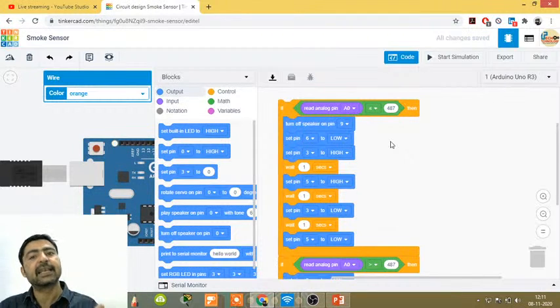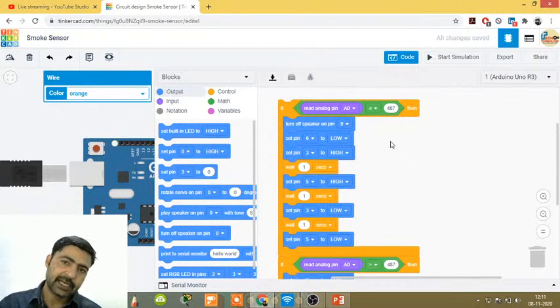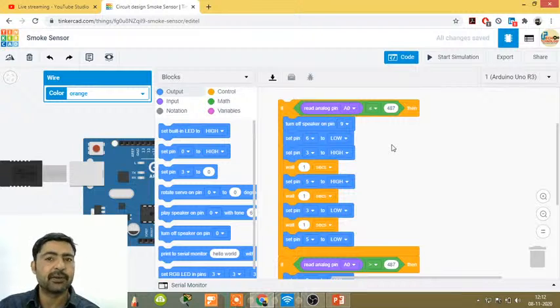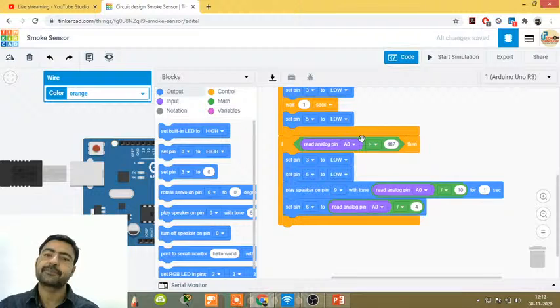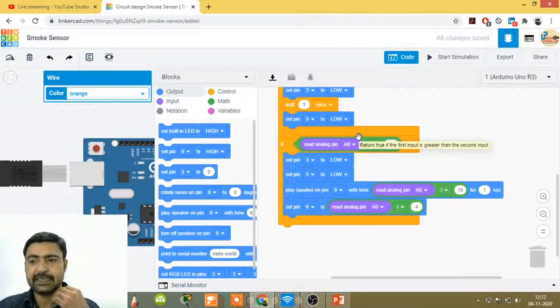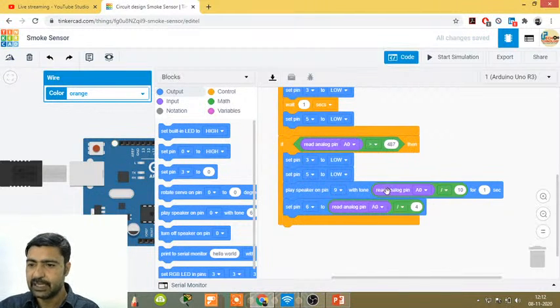If the intensity is greater than this, then we need to turn on the red LED and we need to turn on the alarm, which is in the form of our piezo speaker. So this is our program.